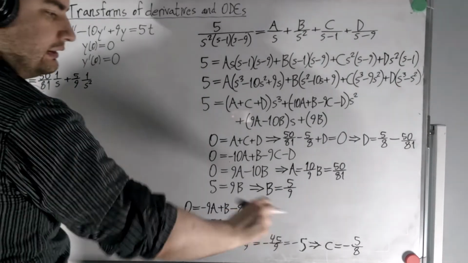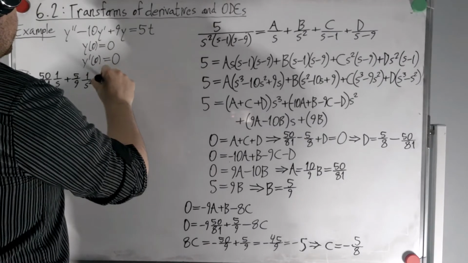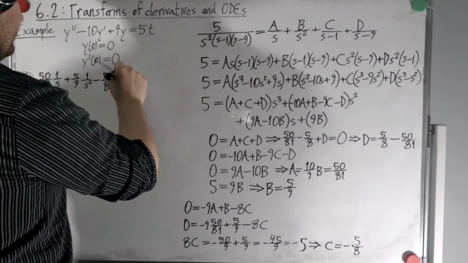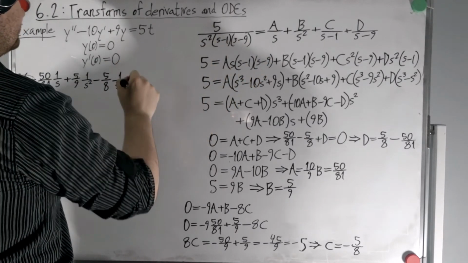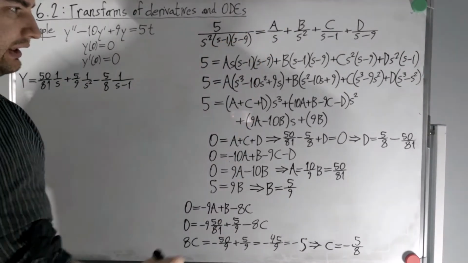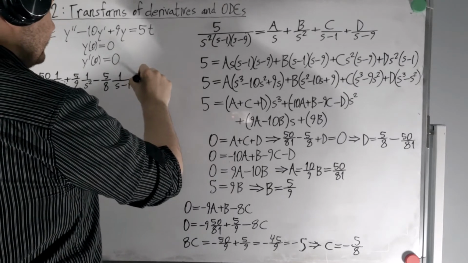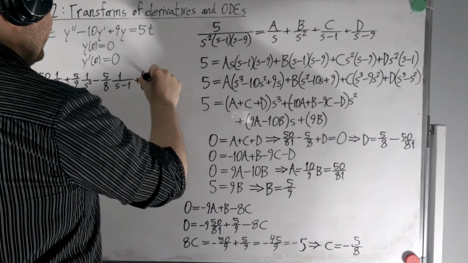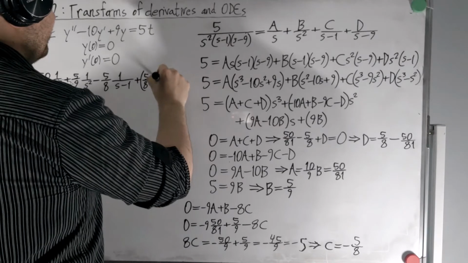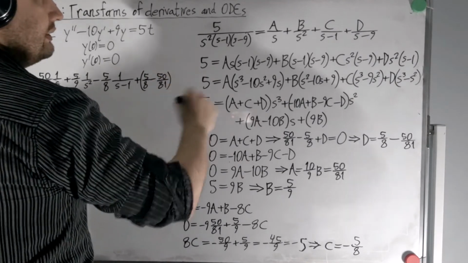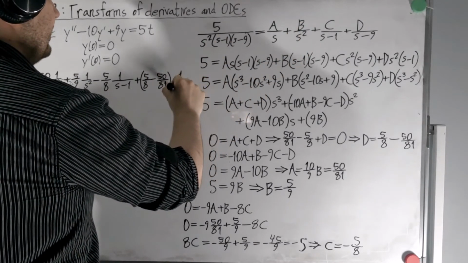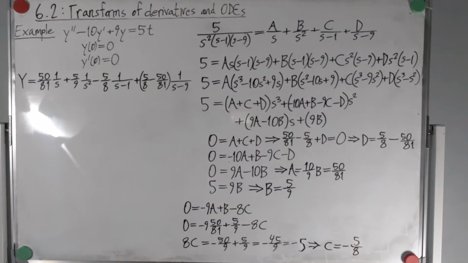Then C is negative 5/8. Multiply that by 1 over s minus 1. And D is 5/8 minus 50 over 81, so 5/8 minus 50 over 81 times 1 over s minus 9. That is the simplest way of writing the Laplace transform of our solution.